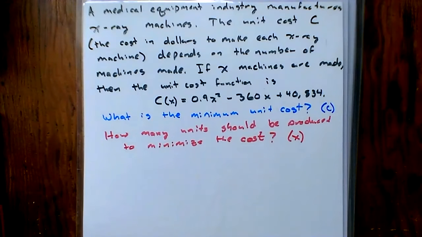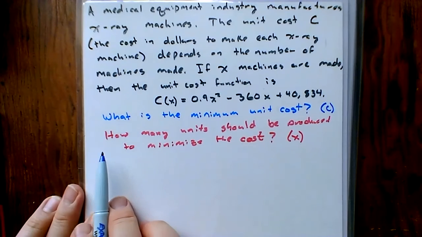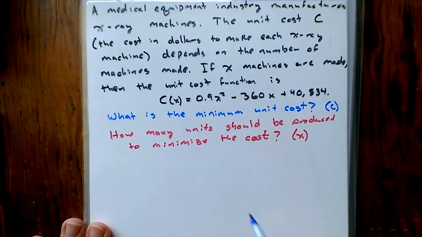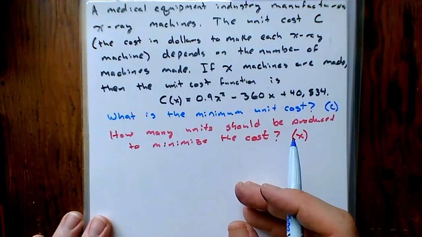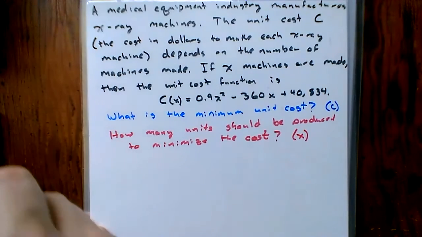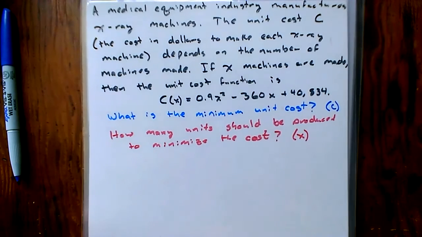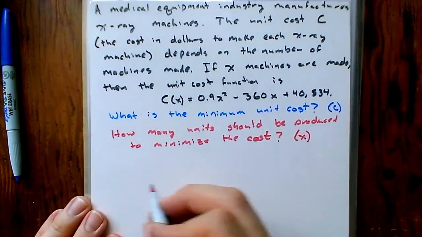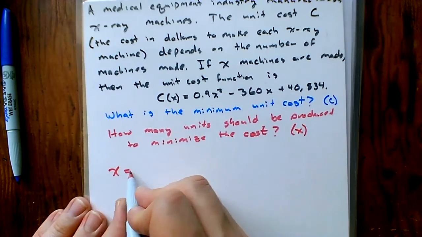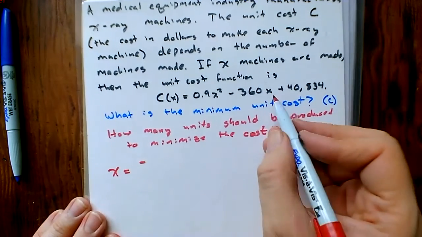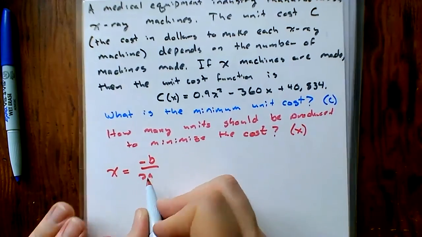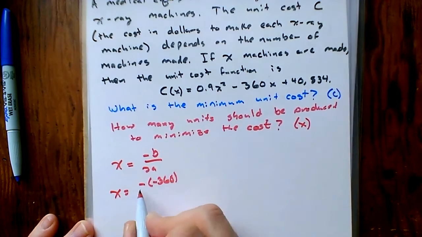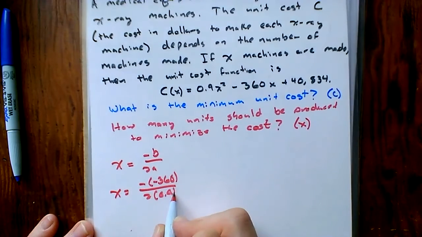So the first thing that we have to do is ask ourselves, how many units would minimize this? What is the x value of this particular equation? So let's figure out how many units would minimize this cost. This is nicely already in order. So my x value here is negative b over 2a. So x is going to be negative minus 360 over 2 times 0.9.